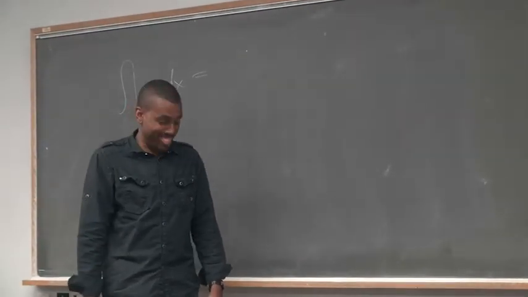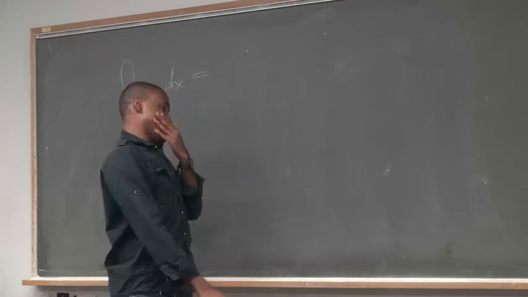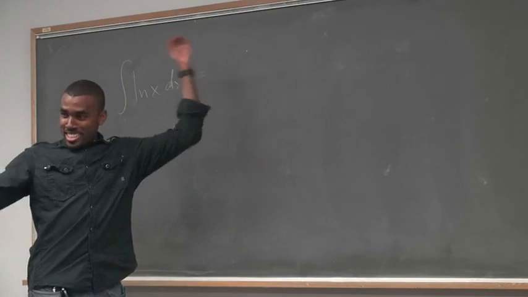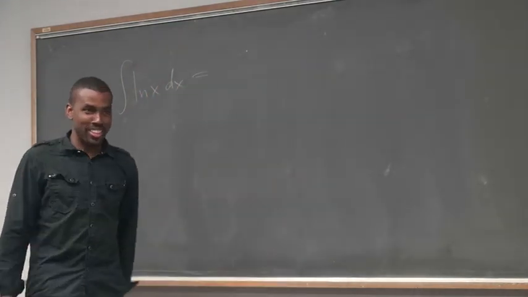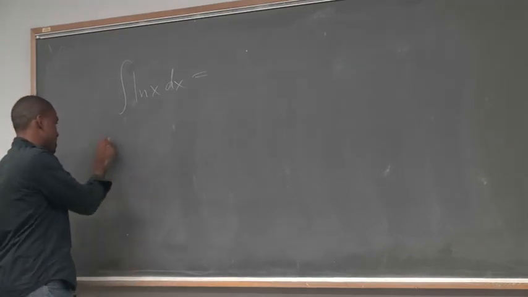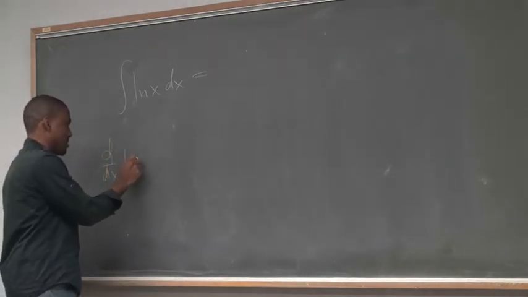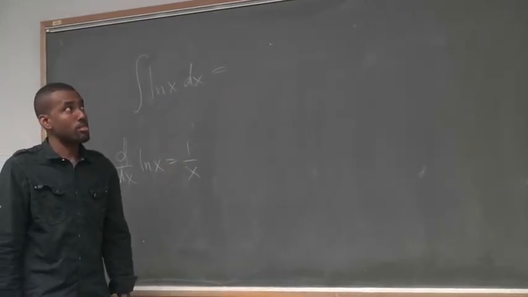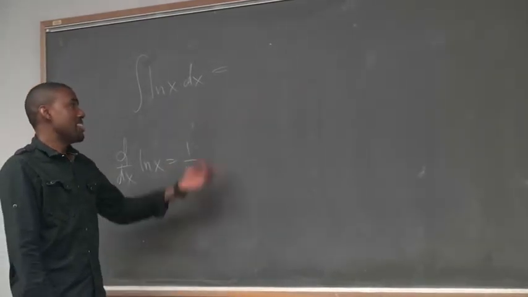You're right, 1 over x or something like that. I take out more points than the problem's worth. The derivative of ln x is 1 over x, right? What's that? No, x.